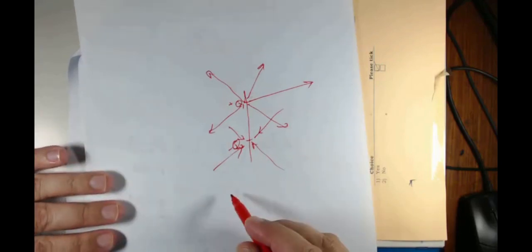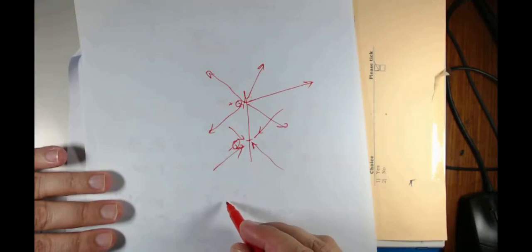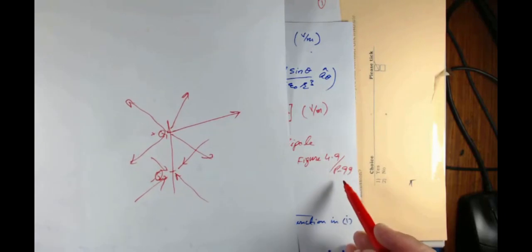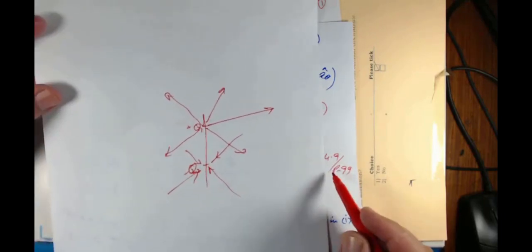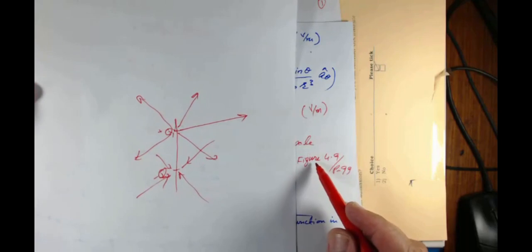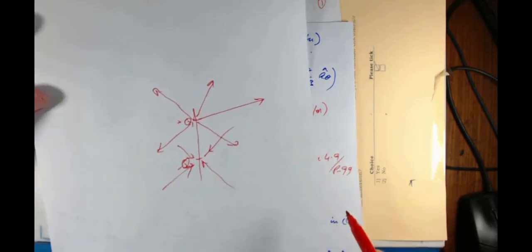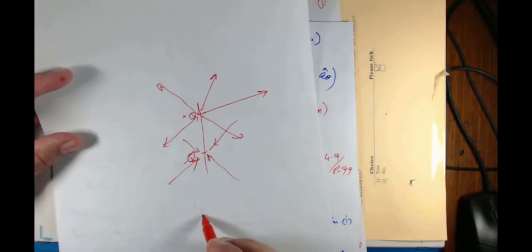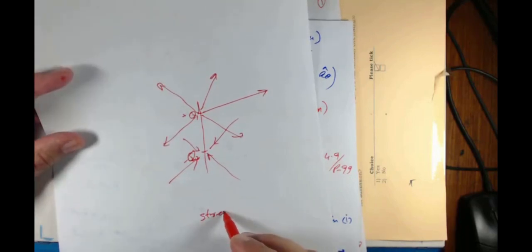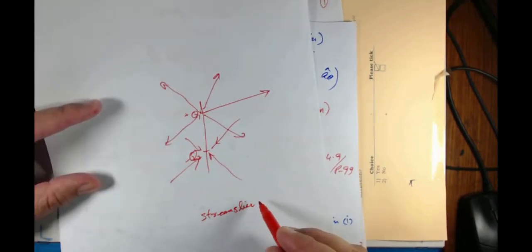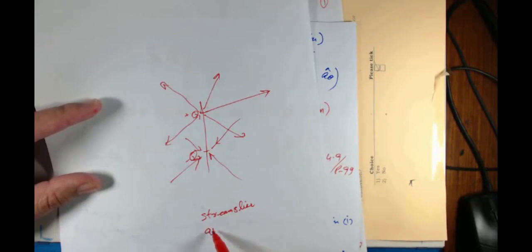That is, I would like you to reproduce figure 4.9 on page 99, using the stream slice command and quiver.